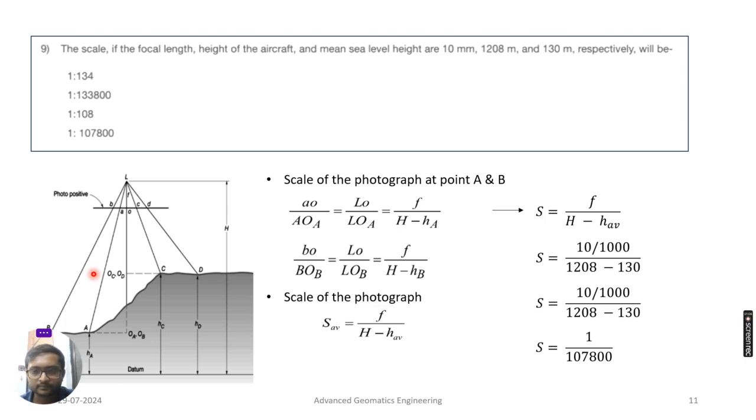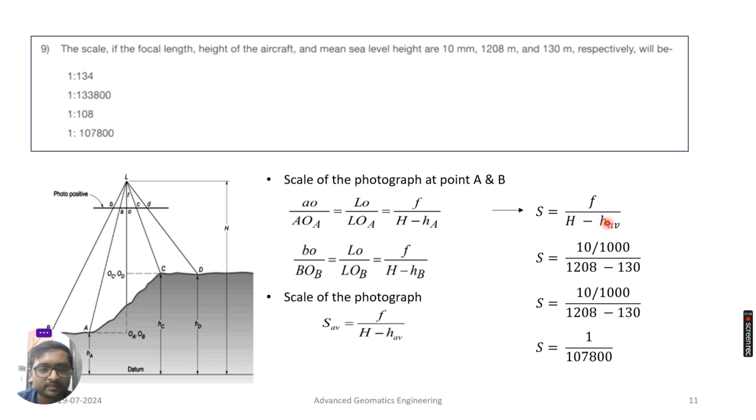Okay, so basically, how they can trick you in this kind of question. First is the normal formula: scale is equal to focal length divided by the height of the flying aircraft from the datum, H minus HAV. This capital H is from datum. Datum is the surface through which you are taking the measurements.